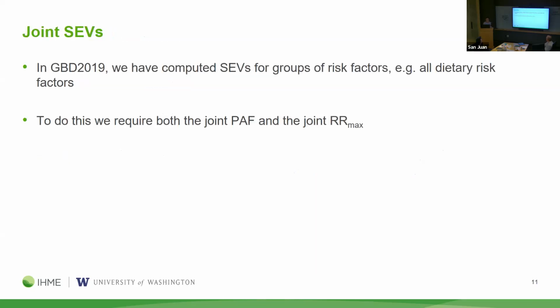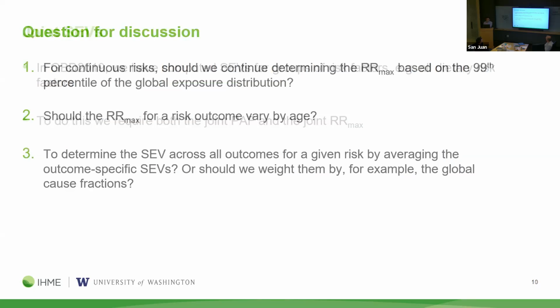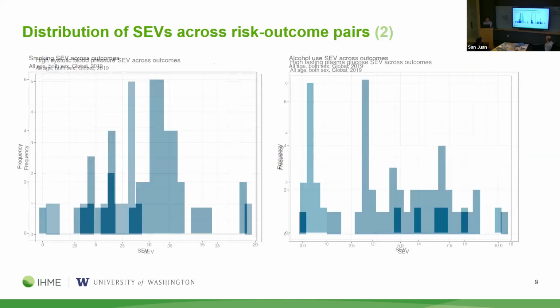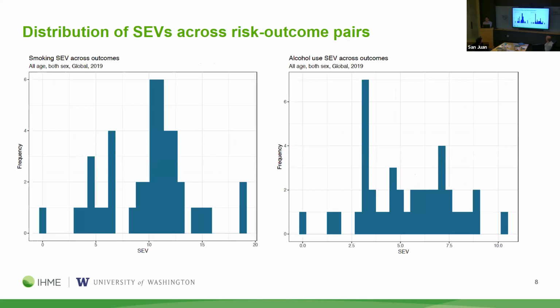But how surprised are you that those values by outcome vary so much in the bar chart? It's not surprising, because the risk functions vary quite a lot across the outcomes.